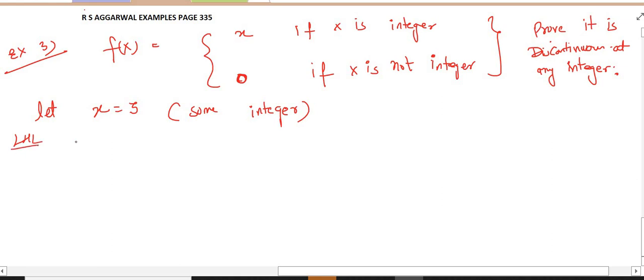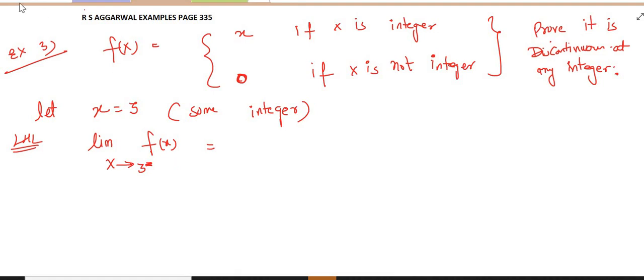So let's calculate LHL. It will be the limit as x tends to 3 minus, that's how we do for LHL, of f(x). 3 minus means x is very close to 3 but not exactly 3. So what will we get? Wherever we have such a problem, let me use the h method.